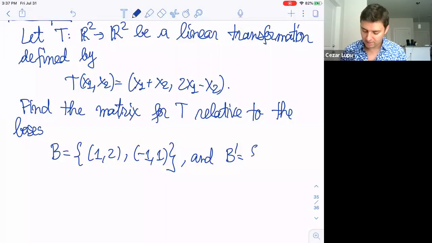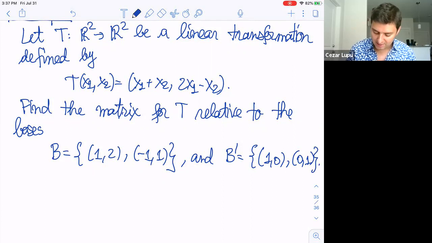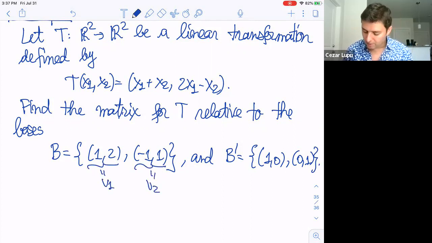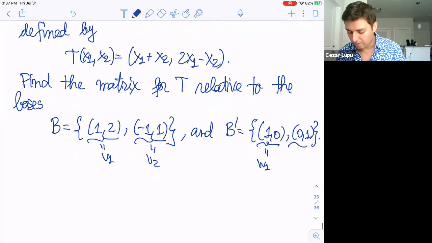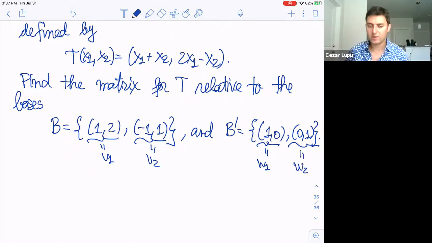So B prime will consist again of these vectors, 1, 0, and 0, 1. Okay, so this is the vector V1, this is V2, this is W1, in fact it's E1, but anyway, that's denoted by W1 so that we can fit the notations perfectly into the picture. Okay, right, so this is what we need to find.